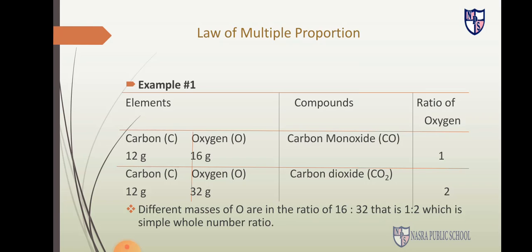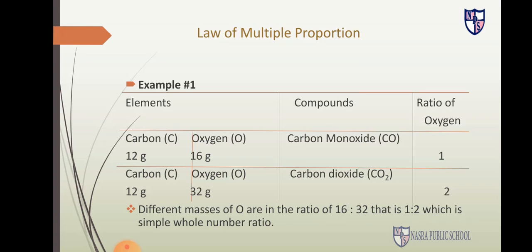These two compounds are formed by the same elements, carbon and oxygen, but still they are different. As you can see, in carbon monoxide there is only a single atom of oxygen, while in carbon dioxide there are two atoms of oxygen. Now we will focus on the masses of these two elements.